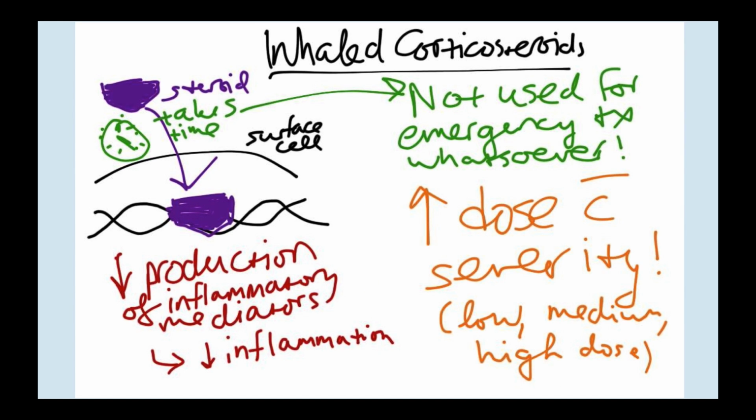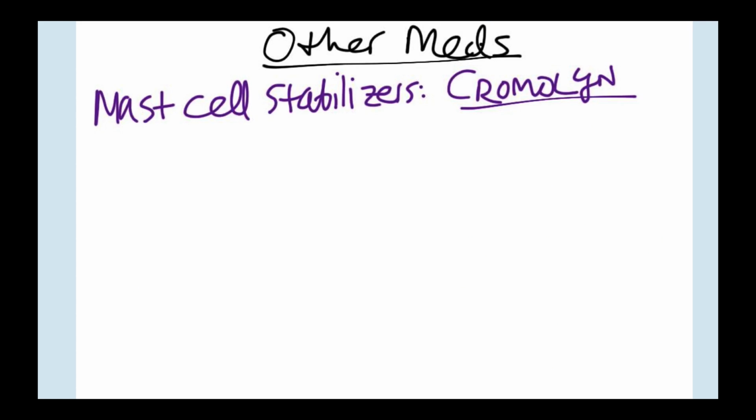With inhaled corticosteroids, remember, that's between step 2 and step 5, and really step 6 as well. But the difference is, you're using inhaled corticosteroids the whole time, and as you move up those steps, as it gets more severe, you're going to be increasing the dose of the inhaled corticosteroids.